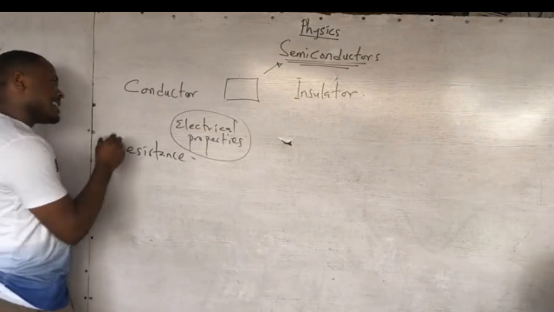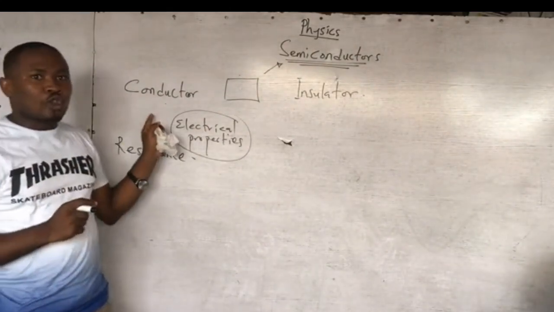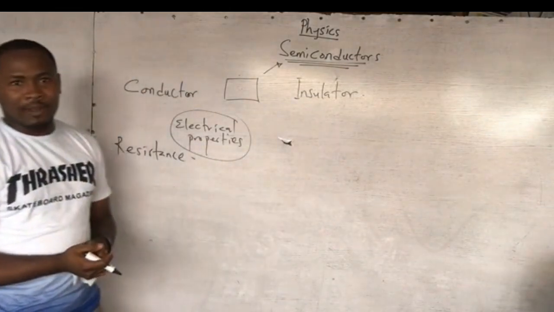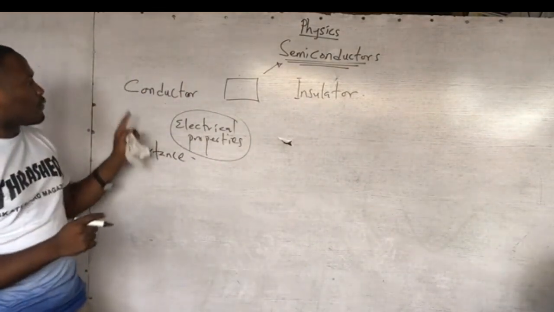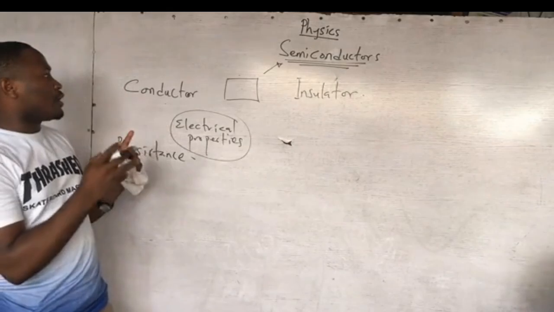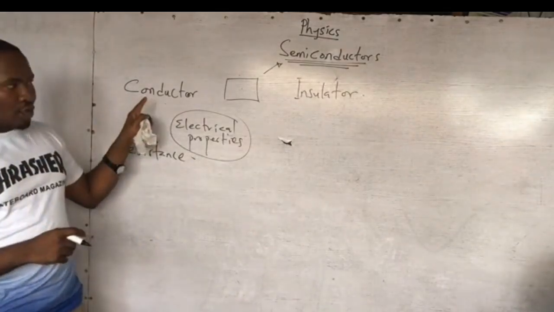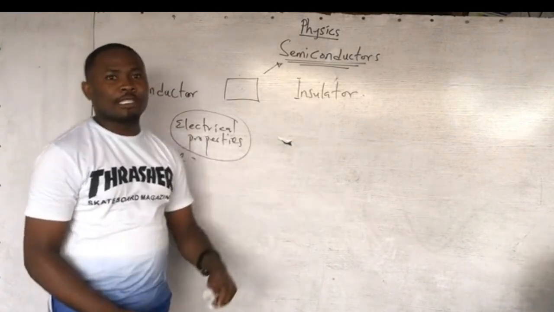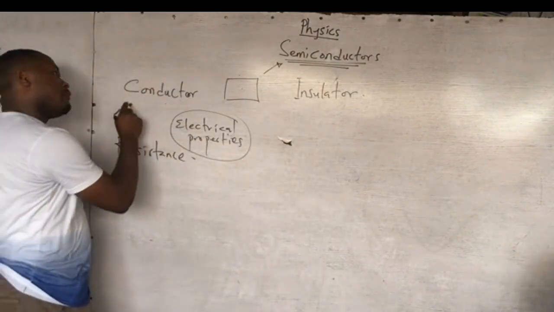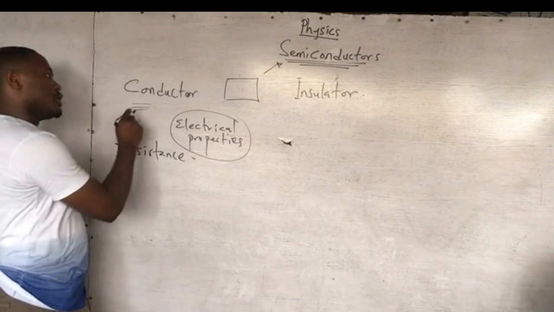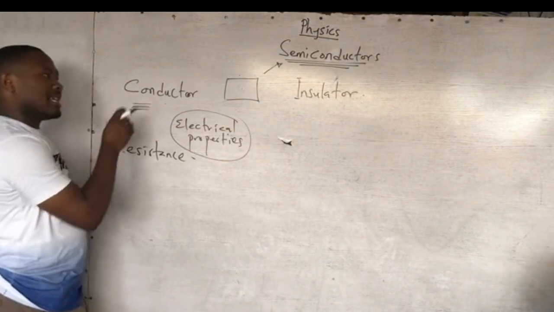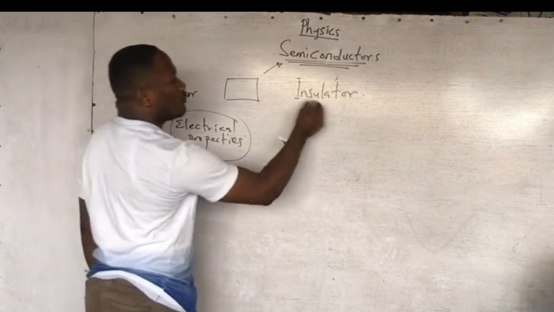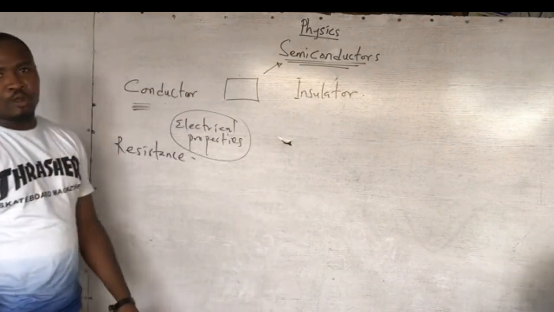So the resistance in a conductor is low, but that in an insulator is high. Take note, the resistance to current flow in a conductor is low, but in an insulator it is high. Hence, there is a flow of electrons which brings about electricity in a conductor, but there is no flow of electrons in an insulator.